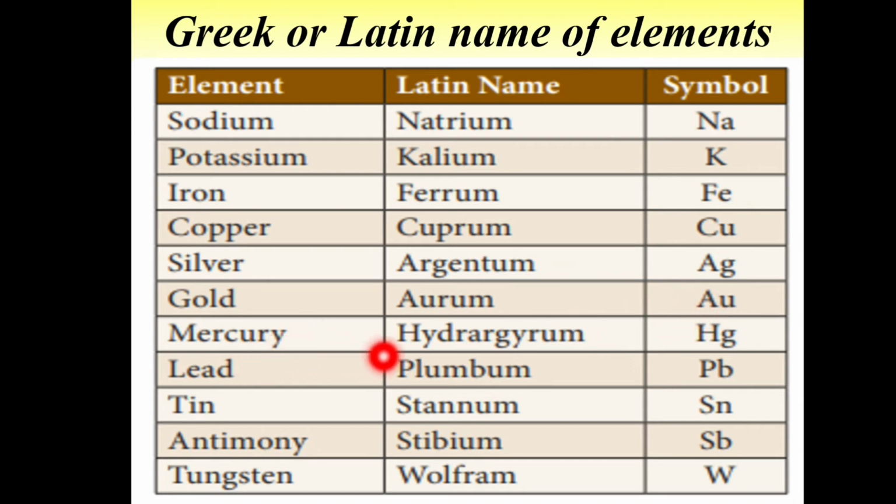For mercury it is hydrargyrum, Hg. For lead it is plumbum, Pb. For tin it is stannum, Sn. For antimony it is stibium, Sb. And for tungsten it is wolfram, the symbol is W.